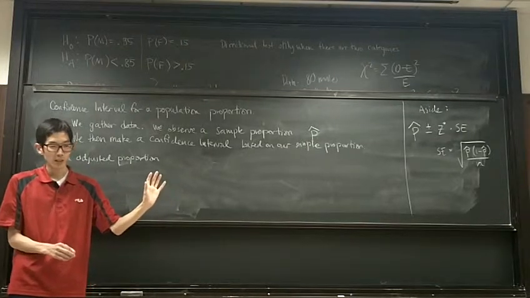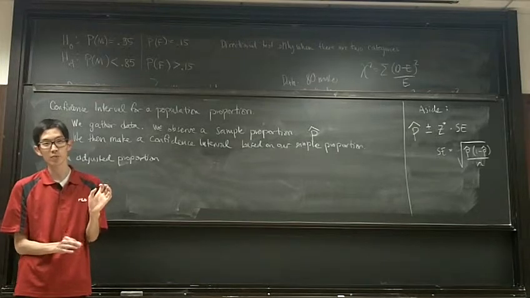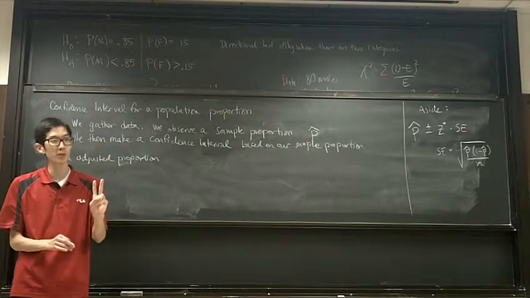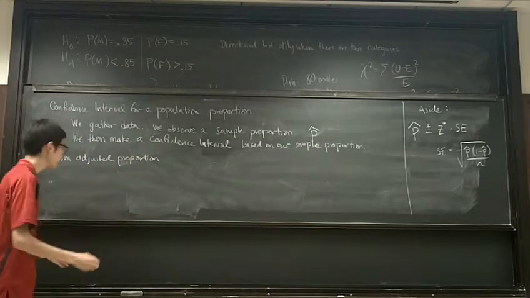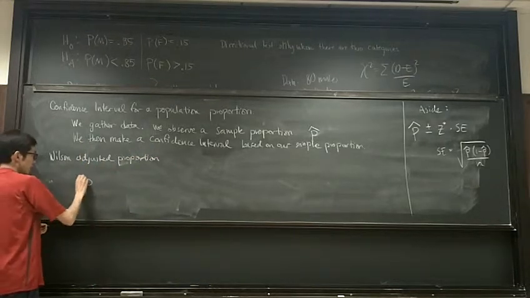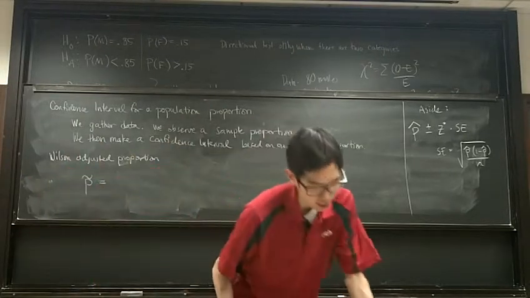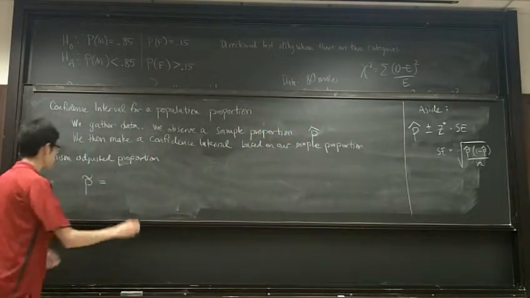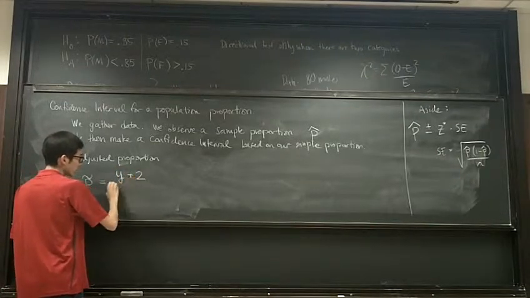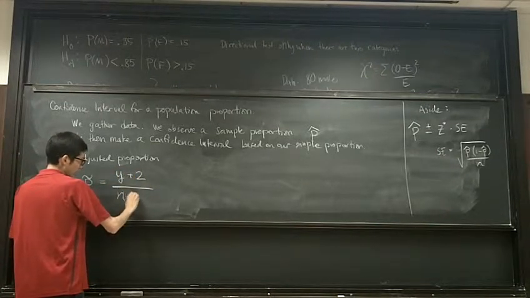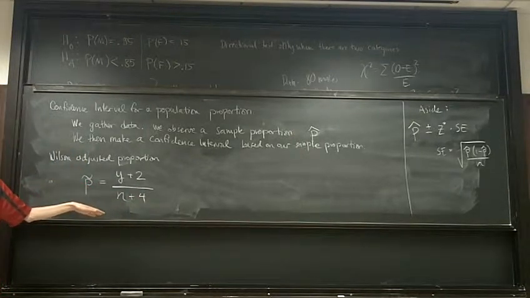If I observed 0 people out of 100, I'm going to pretend that I saw at least 2 people with the trait out of an additional 4. So our adjusted sample proportion, what letter do we use here, y, is: we take how many successes we see and add 2 to that, and then we add 4 to how many total observations we have.